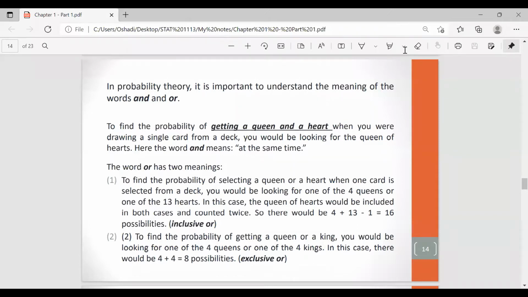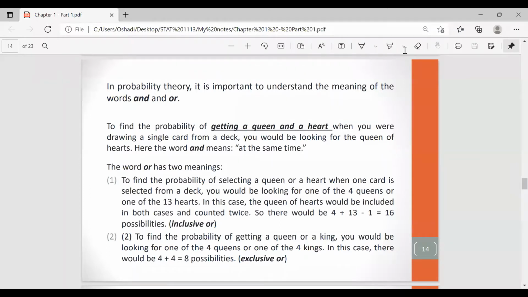So when we count it, we are counting it twice, inside the 4 queens and inside the 13 hearts. So we have to reduce 1. So 4 plus 13 minus 1. So there are altogether 16 possibilities.